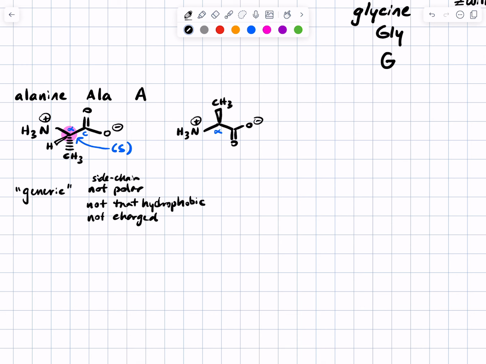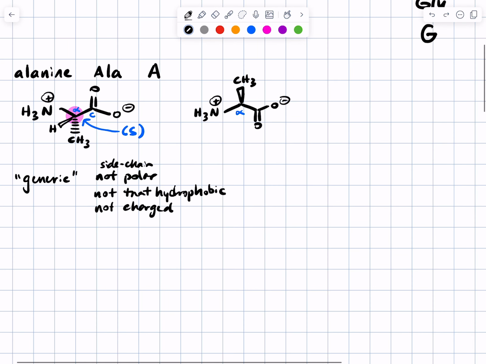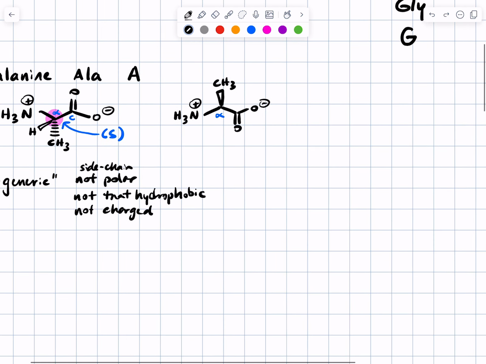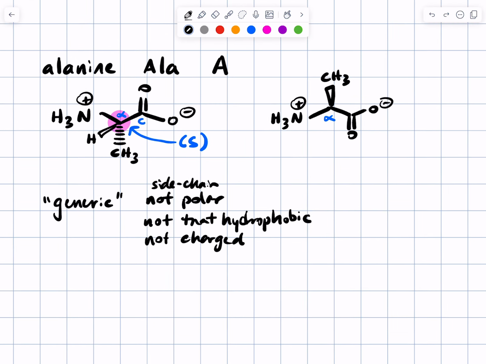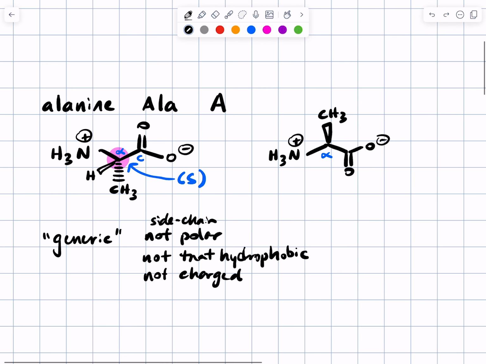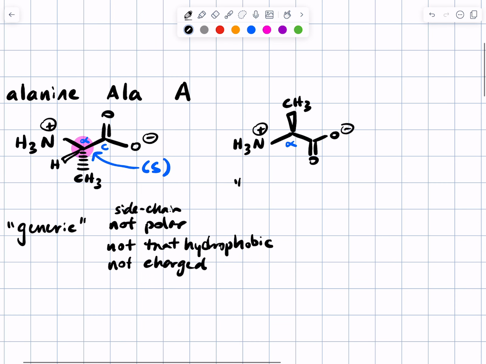And you could rotate things around to see other views as well, but it's important that you get the stereochemistry right. These 20 amino acids that biology uses in proteins, you will sometimes hear people talk about them being L amino acids.